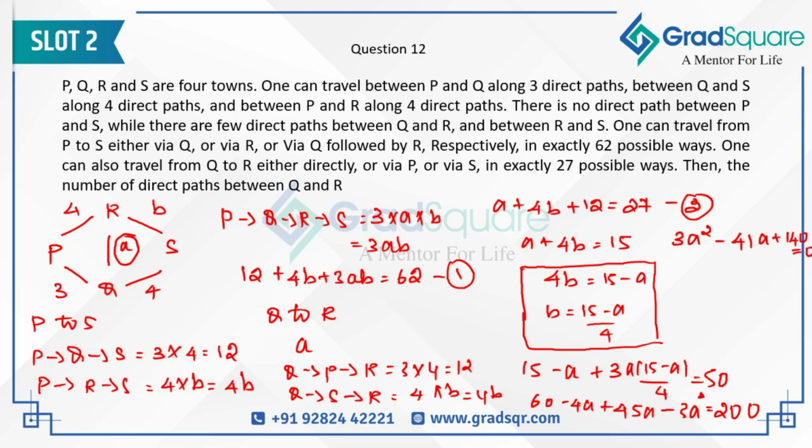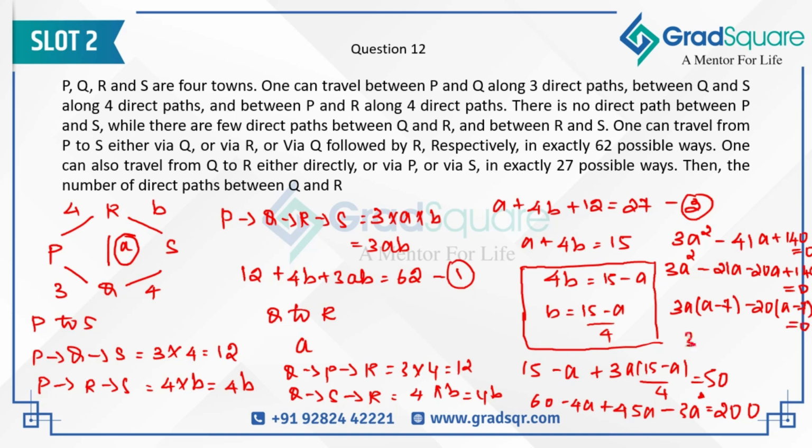Now I'm going to factorize this. This can be factorized as 3A square minus 21A minus 20A plus 140 is equal to 0. Now I can take 3A common outside, which will give me A minus 7, and 20 common outside, which gives minus 20, so that is A minus 7 equal to 0.